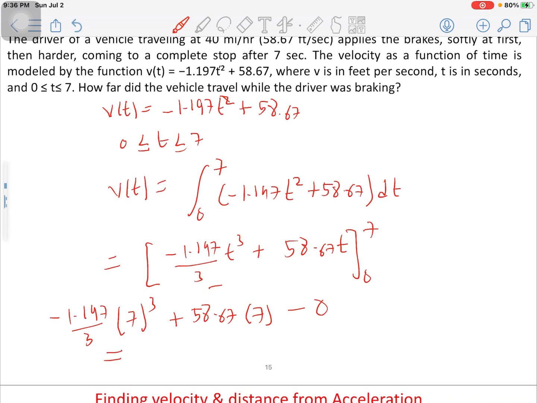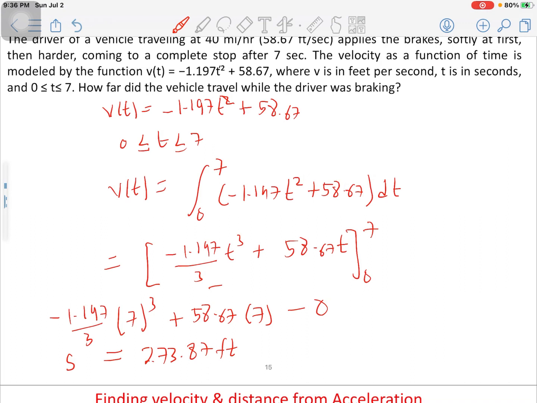And at the end of the day, I'm going to get my distance traveled s to be equal to 273.87 feet. So this is nearly the length of a football field.